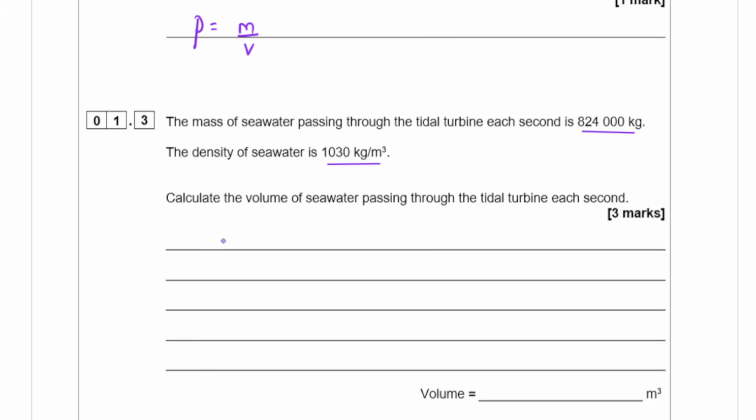So since density equals mass over volume, if I substitute it, 1030 equals 824,000 divided by the volume. Volume equals 824,000 divided by 1030. That gives me 800. The answer is 800 meters cubed.